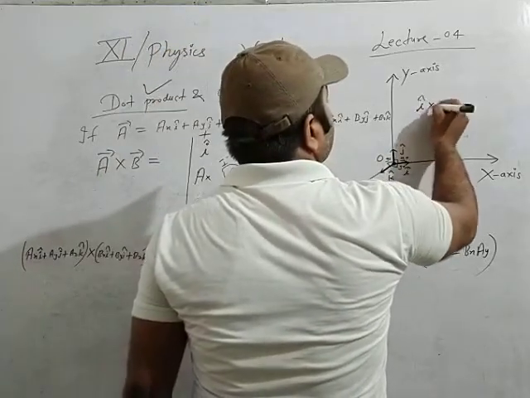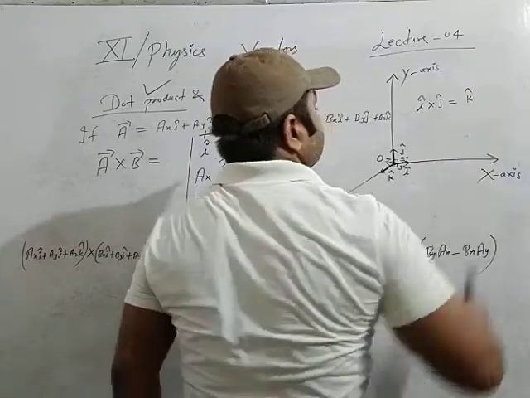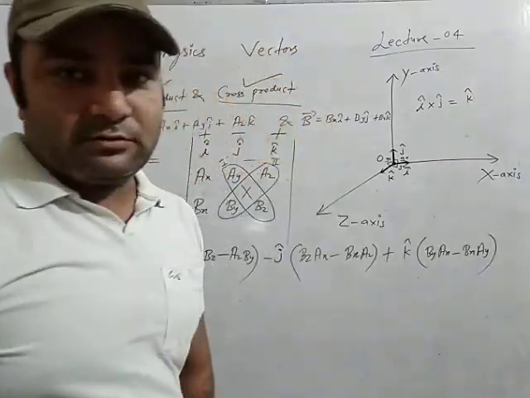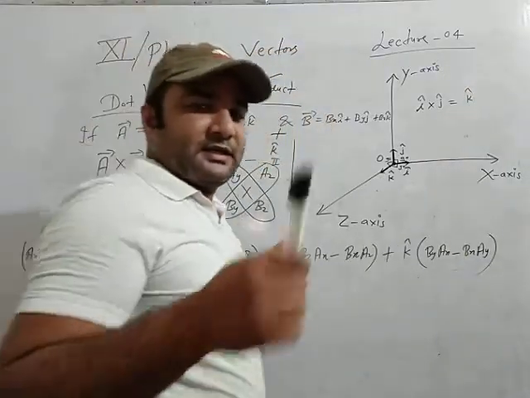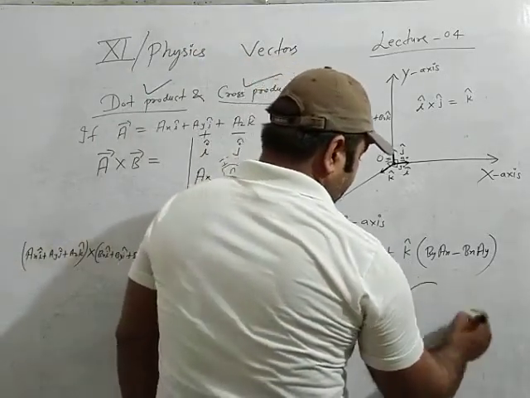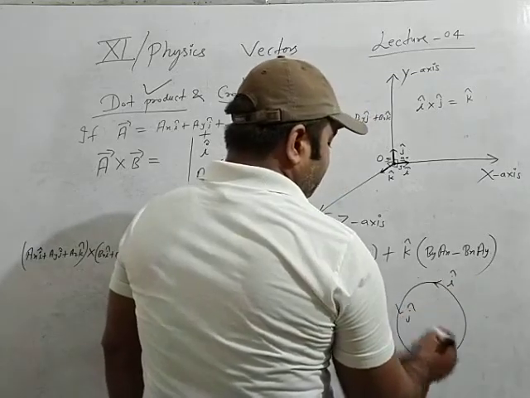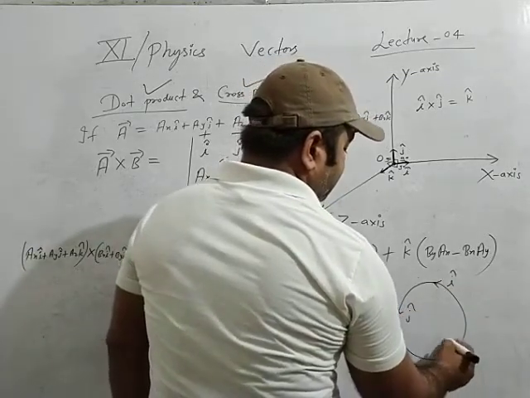i cross j is equal to what? k. i cross j is equal to k. Here the cyclic concept is utilized. Here is a representation of i at this place, j at this place, and k at this place.